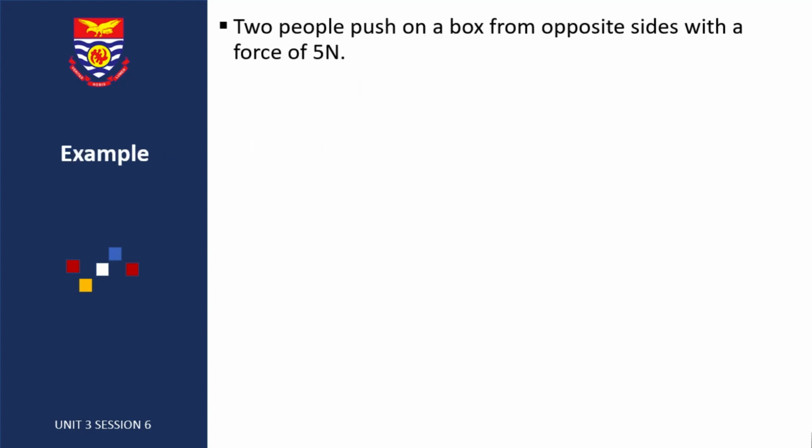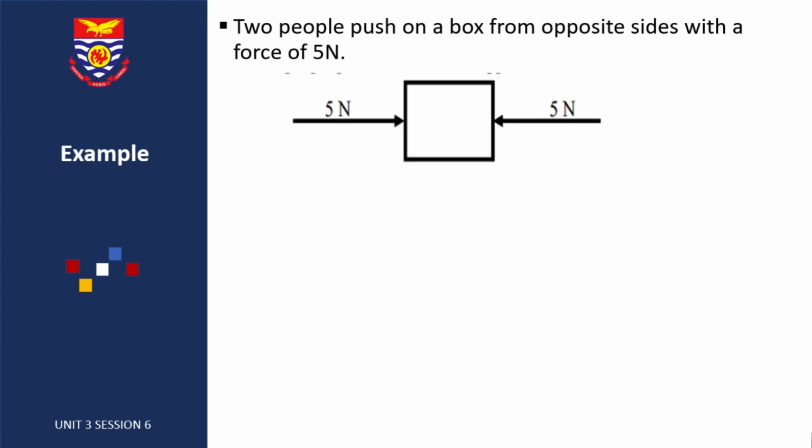For example, two people push on a box from opposite sides with a force of 5 newtons, and we can represent this diagrammatically. So we have force 1, that is 5 newtons, and force 2, which is also 5 newtons. But the arrows tell us that these forces are acting in opposite directions, and the length of the line shows us the magnitude of the force.